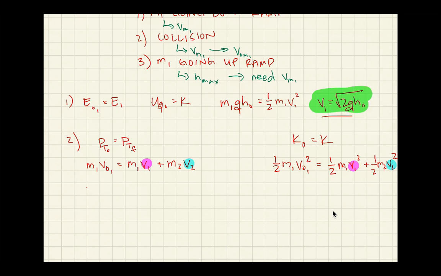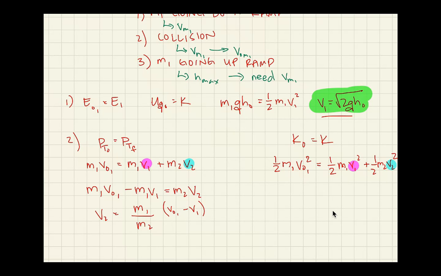So I would have m1 v01 minus m1 v1 equals m2 v2. And v2 is equal to m1 over m2 times v01 minus v1.